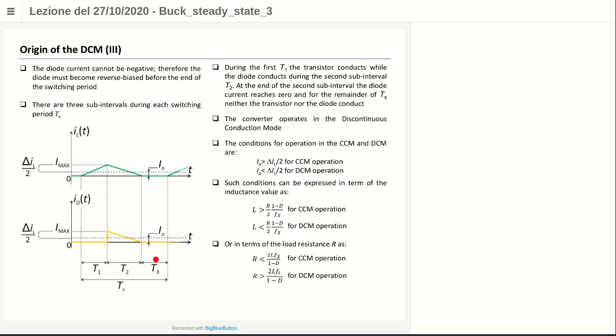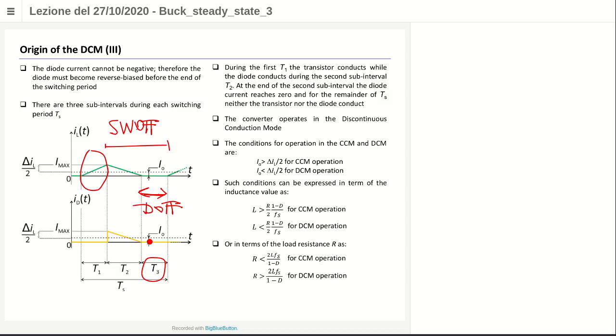In that interval, which is called T3, the switch is off, because the switch is only on here during T1. From this point on, from T1 to TS, the switch is always off, okay? But what happens here is that also the diode is off, because the diode cannot withstand a current flowing from the cathode to the anode. The inductor current should become negative, so it should reverse its direction, but a current in the opposite direction cannot be conducted by the diode, which becomes off.